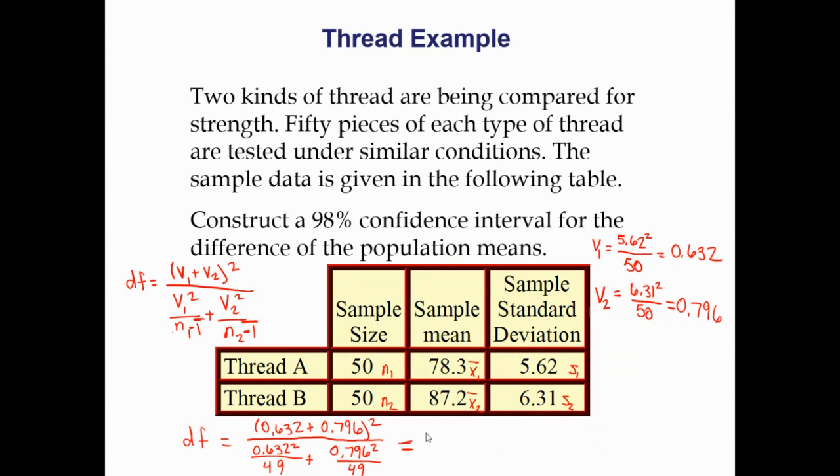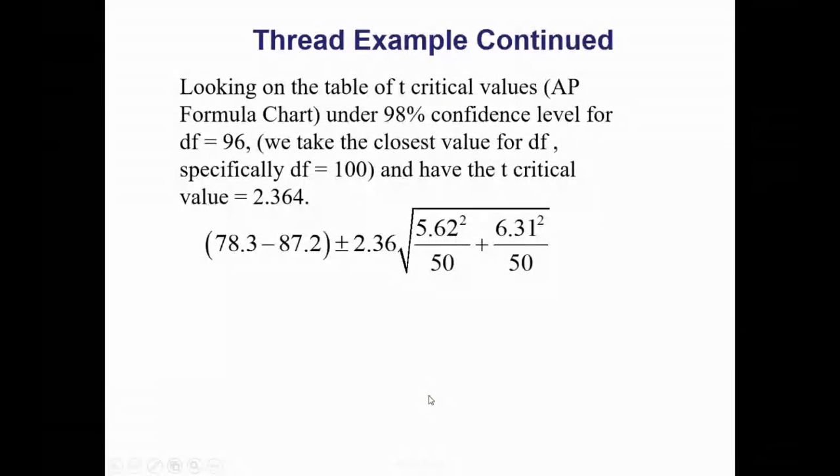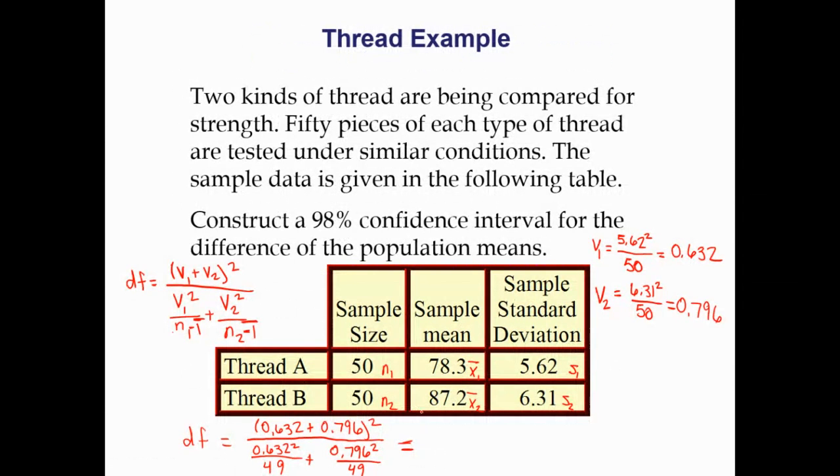The full number is 96.7, but since we have to truncate, the degrees of freedom would just be 96.